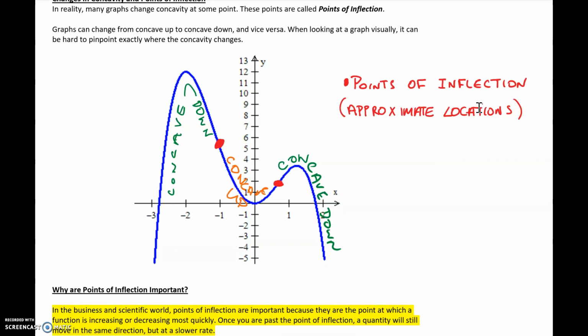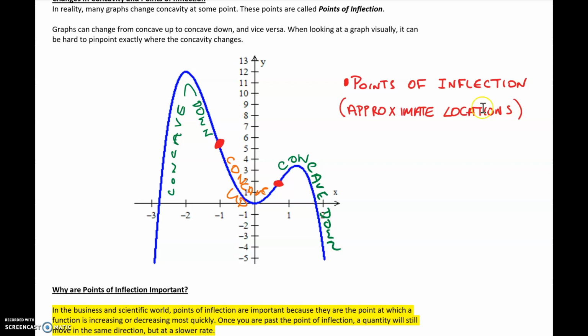The graph here begins concave down. At the red dot, it switches to concave up, and at the second red dot, it switches to concave down again. Those red dots are approximate locations. The points where a graph changes concavity are called points of inflection. So the focus of yesterday's class was concavity and this concept of points of inflection, the points where the concavity changes.